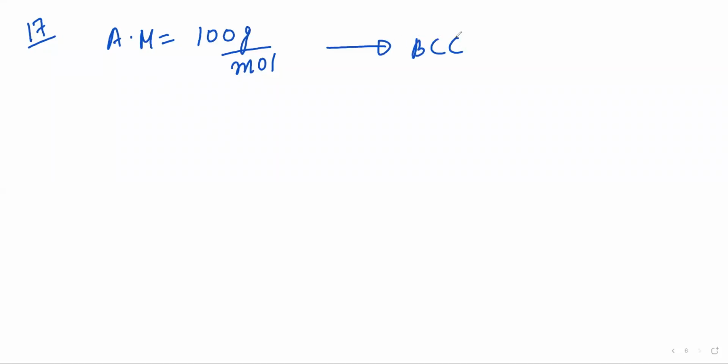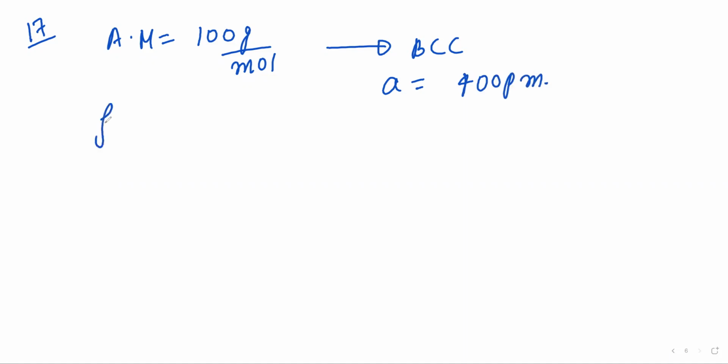Now look at question number 17. An element, atomic mass is equal to 100 gram per mole, having BCC structure. So it follows the BCC, body centered cubic structure, and the edge length is given, that is 400 picometer.